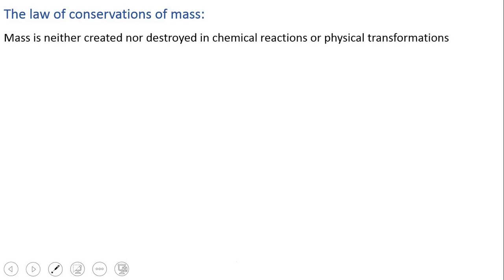So let's move on. For us chemical engineers, in the material balance, we always follow the law of conservation of mass. The law of conservation of mass states that mass is neither created nor destroyed in a chemical reaction or physical transformation.